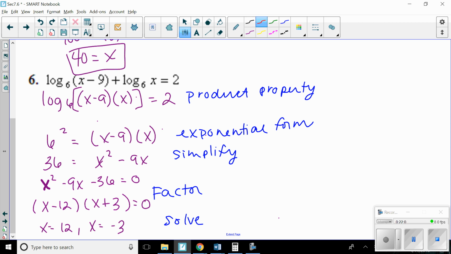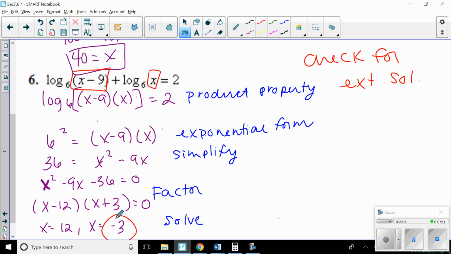Now the next step is we have to check for extraneous solutions since we have 2. And the way we're going to check for that is to make sure our y values are both positive. So right away we know that for log base 6 of x, one of our answers is negative 3, which means that this value would be negative.